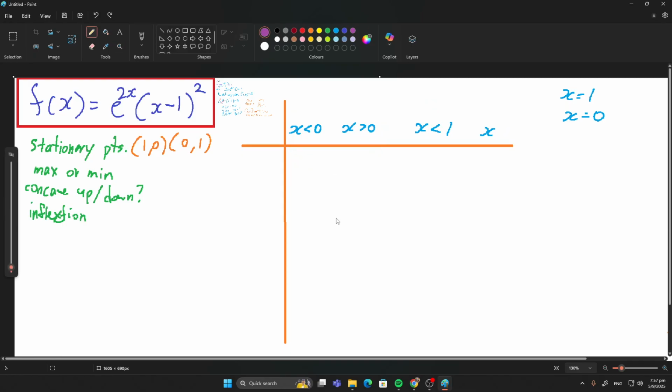So instead of writing it like this, like 4 equations separately, why not I combine the two middle ones together? So it becomes x more than 0, but at the same time my x is less than 1. Alright, and then same thing, copy the last one, which is x greater than 1.